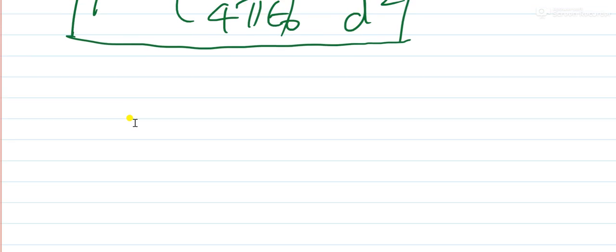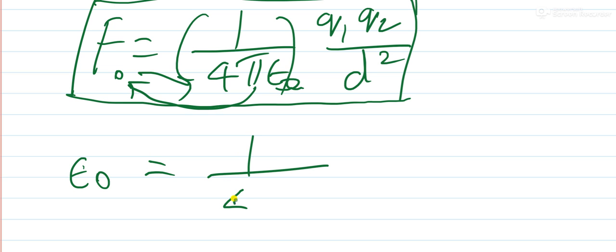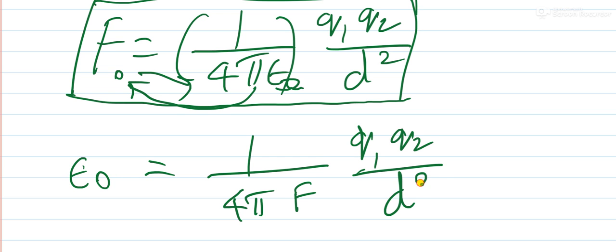Now I am going to tell you the unit of epsilon naught. The force is created in an air medium, with no other medium between the two charges. Bringing epsilon naught to one side, F is in the denominator: epsilon naught equals 1 divided by 4 pi F, q1 q2 divided by d square.